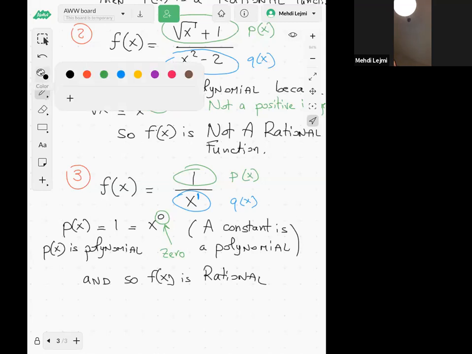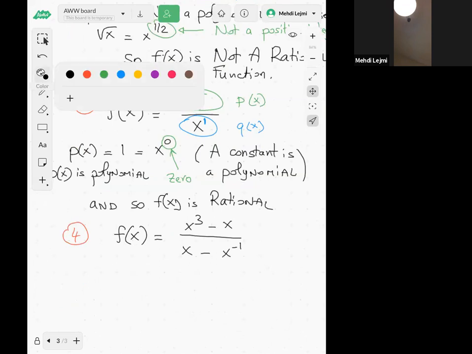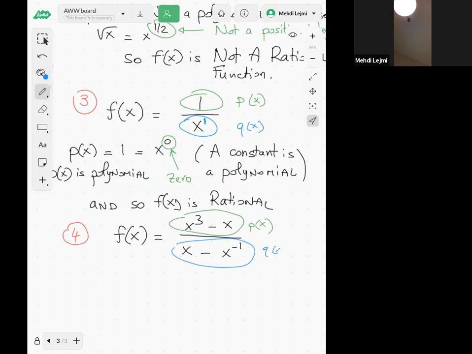Last example, number 4. Of course, if you have a negative power, guys, like f of x equal to, let's say, x cubed minus x over x minus x to the power negative 1. As usual, this is p, this is q. Then you have to be careful.